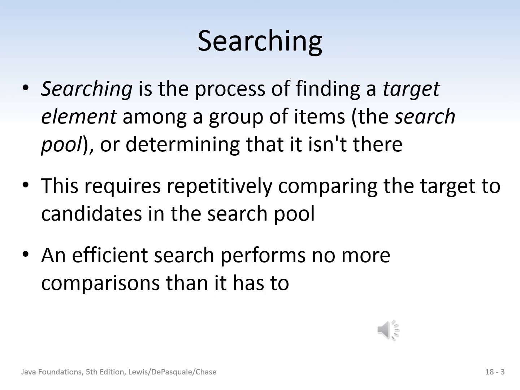Start off with some terminology. Searching is the process of locating the target element among a group of items, which is the search pool, or if we don't find it, reporting back that the target element does not exist within the search pool.